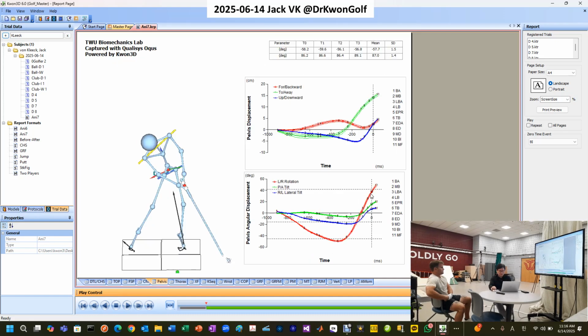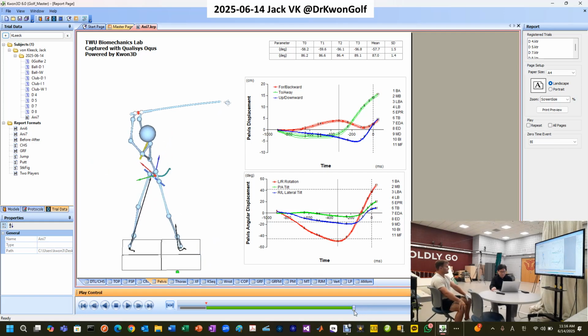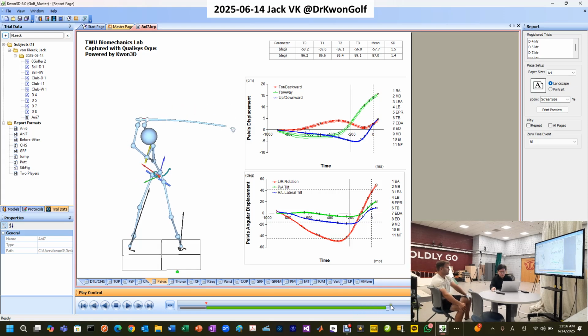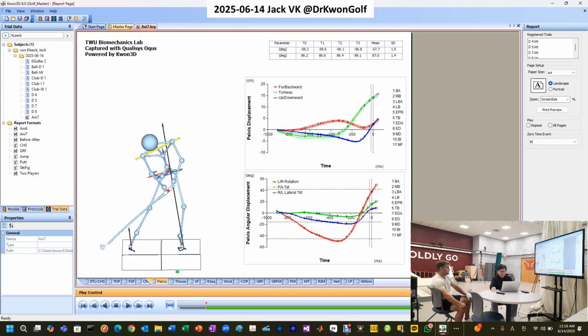And then the pelvis motion. This shows the pelvis rotation. The red line is this rotation. It's slightly over the elite men's average, more than average pelvis rotation, but this is not too much. Then at impact, it is a bit less than the men's average.